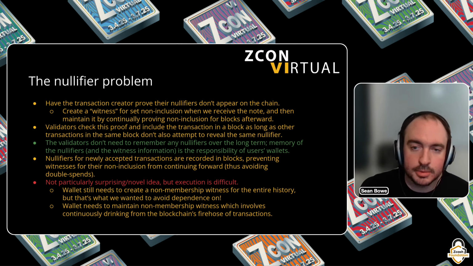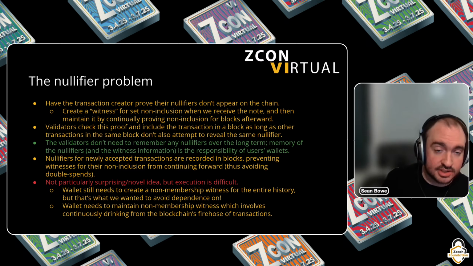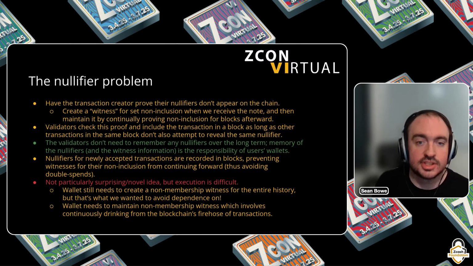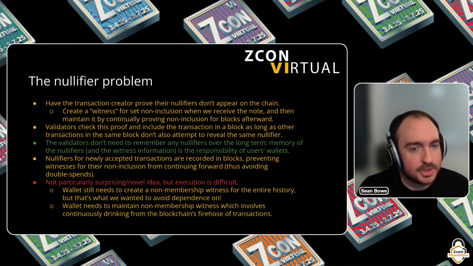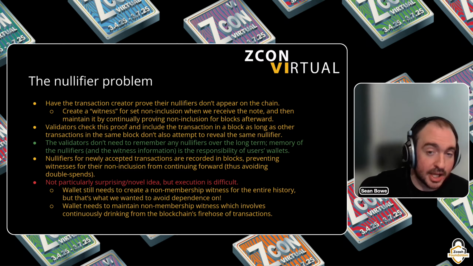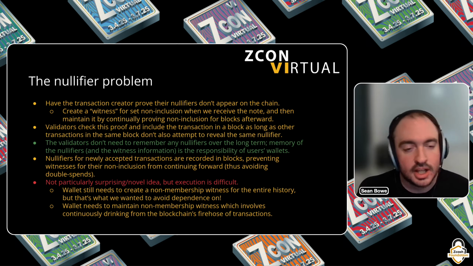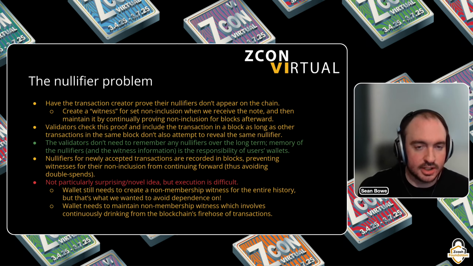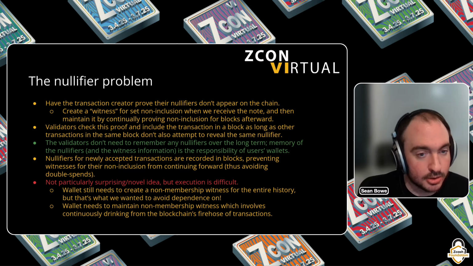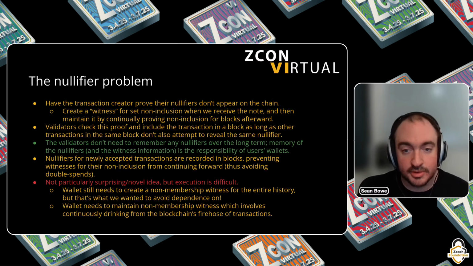And then the other problem is that as new shielded transactions appear on chain, so there are new nullifiers, the user's wallet has to continually update their set non-inclusion witness to prove that the nullifier isn't revealed by any of those new nullifiers, so that later on they can use the updated witness in order to spend their notes. So they have to drink from the fire hose of the blockchain, so to speak.